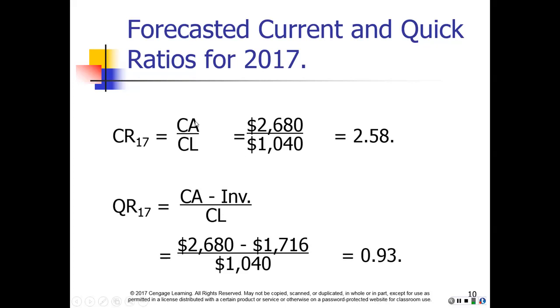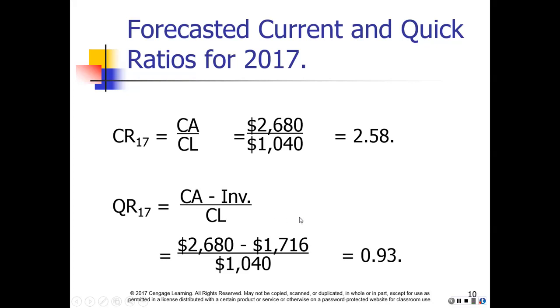But the current assets include inventories, right? Inventories get liquidated only when a sale is made. What if your inventory consists of obsolete items that cannot be sold? So another measure is the quick ratio. Quick ratio is current assets minus inventories, current assets without any inventories, divided by current liabilities.